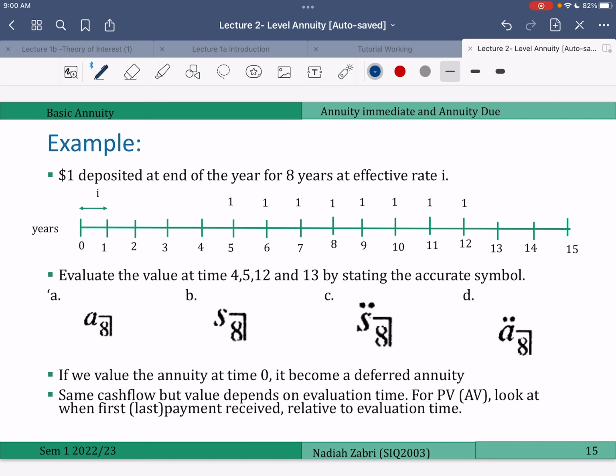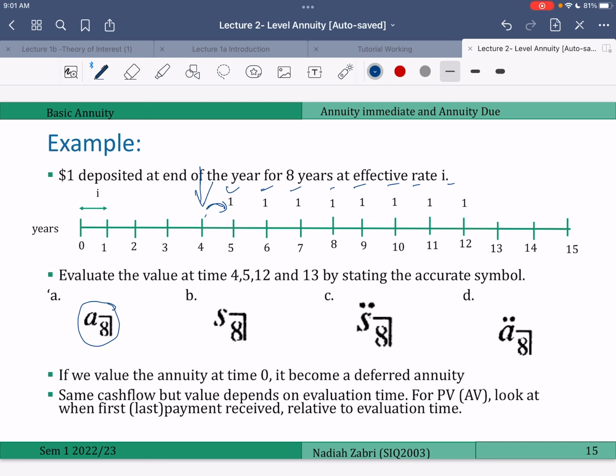So for example, if we are evaluating this cash flow, these 8 payments, if we are evaluating at time 4, then what will it become? It is an 8 payment and it is evaluated at time 4. So this is just simply A angle 8, because the first payment comes 1 year after the evaluation date.